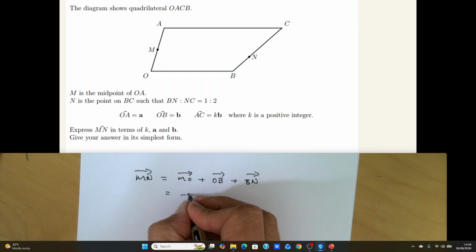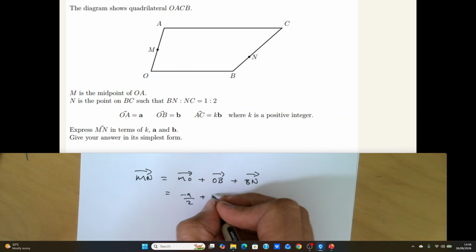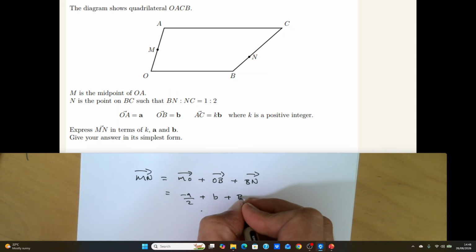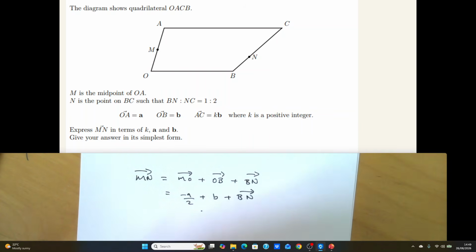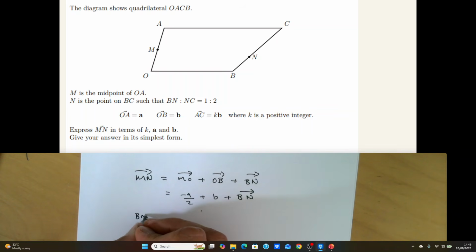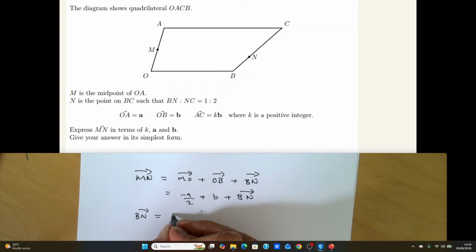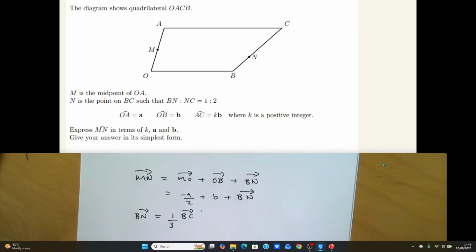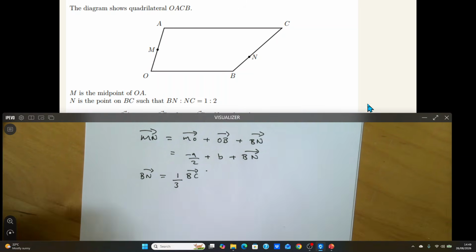So that's minus a over 2 plus b plus BN. So what's BN? It is, from the question, 1/3 of BC. So we're now going to have to work out what BC is.